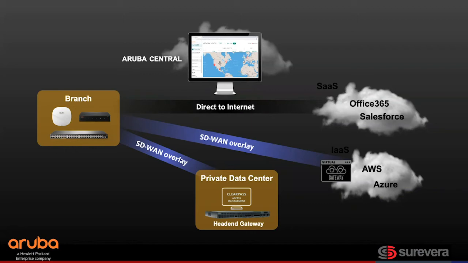Or we can do SaaS Express, which is the new word being used for a configuration methodology, where we can take traffic meant for Office 365, Salesforce, or any of your SaaS-based applications, and send it straight out a path to the internet and give it more direct access to those applications. I'm going to jump over to our next slide.